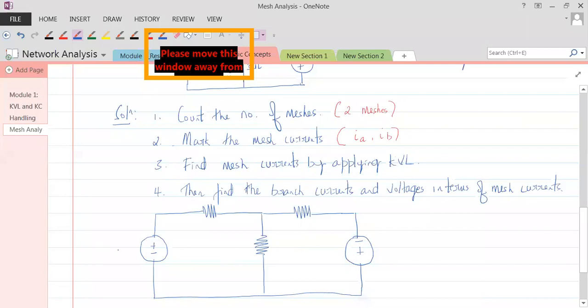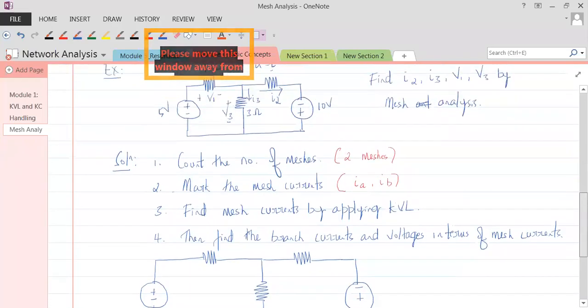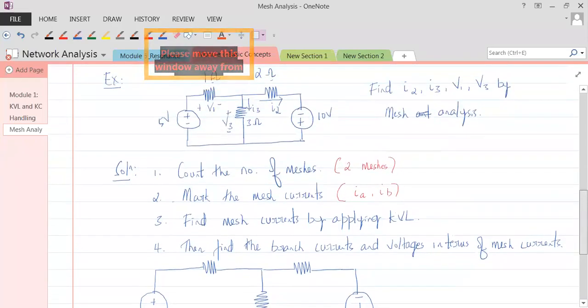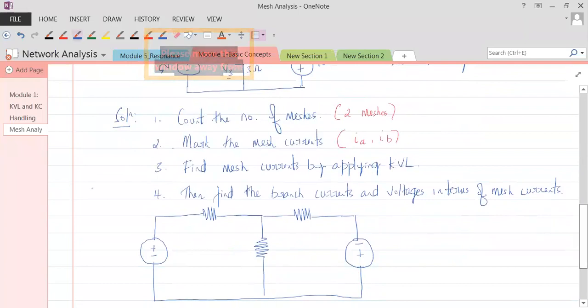Now, what was this? 10 volts or 5 volts? Let me see the values once. 5 volts, 10 volts, 1, 2, 3. So this is 5 volts, 10 volts. This is 1 ohm, 2 ohms, 3 ohms.